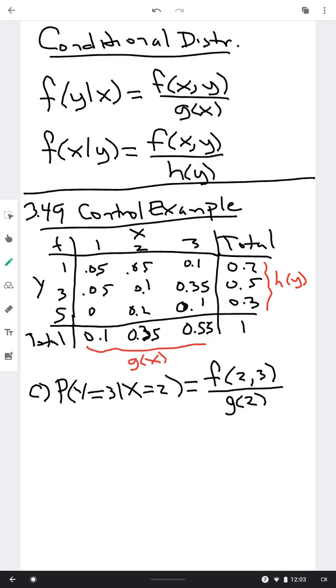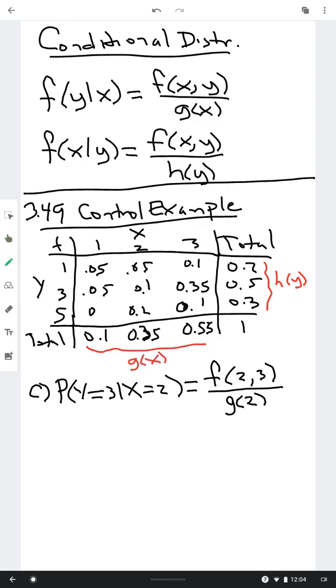So f of 2, 3, when we plug in, let's look at this. F of 2, 3 is 0.1, okay? And g of 2 is going to be 0.35.